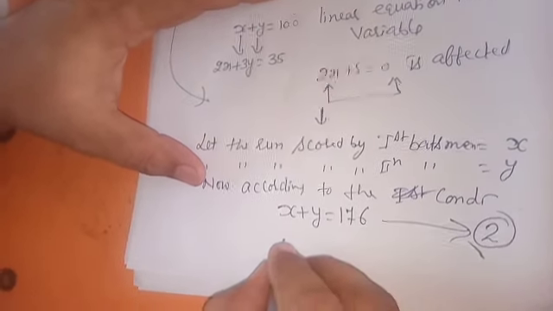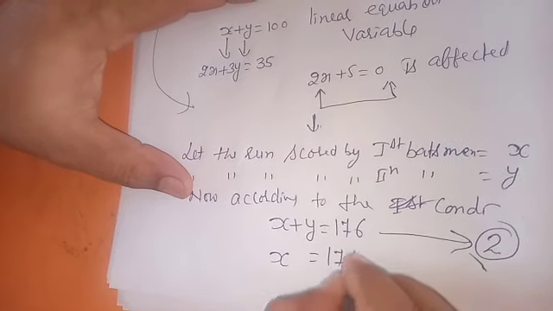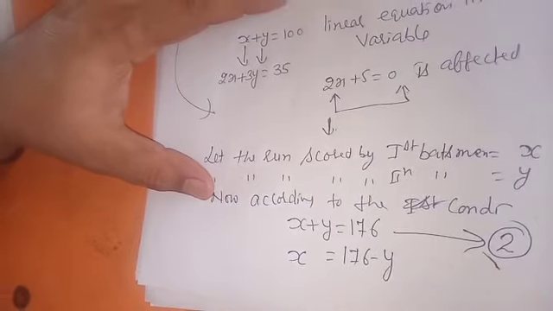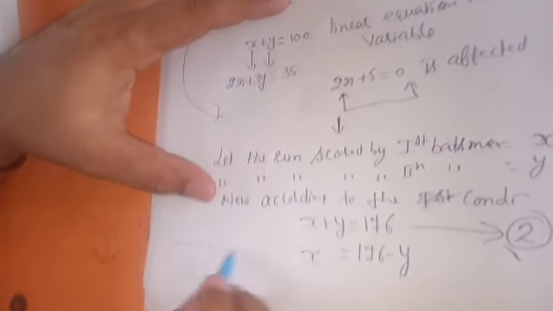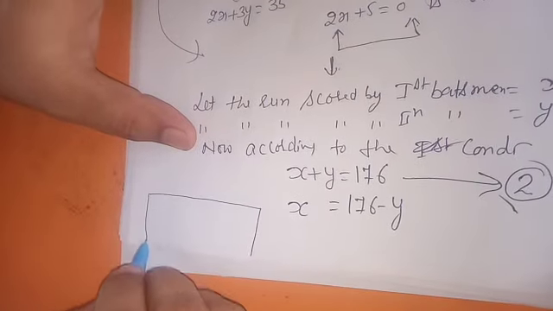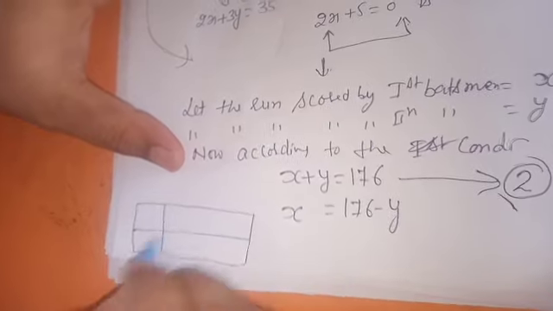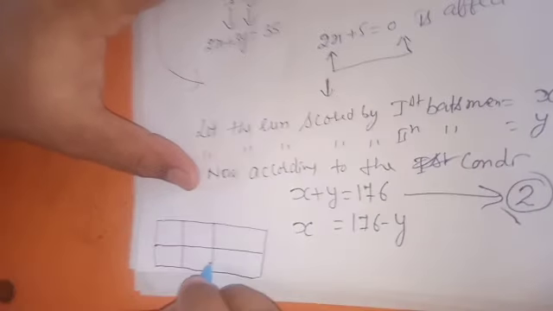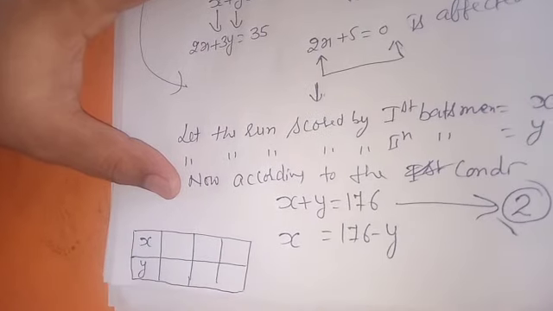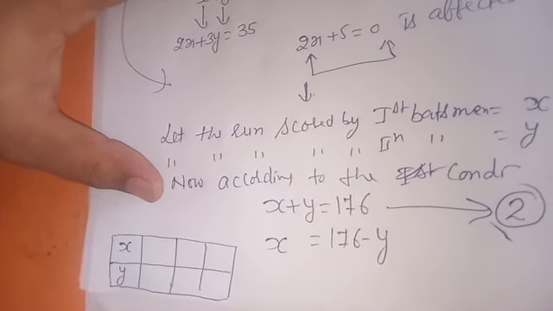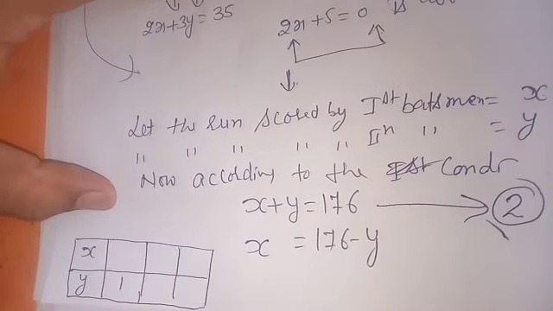If you are saying how much runs scored by batsman A, first. So make a table also. I am telling what's the effect of it. Like this is X, this is Y. If Y scored 1, then how much runs scored by X?